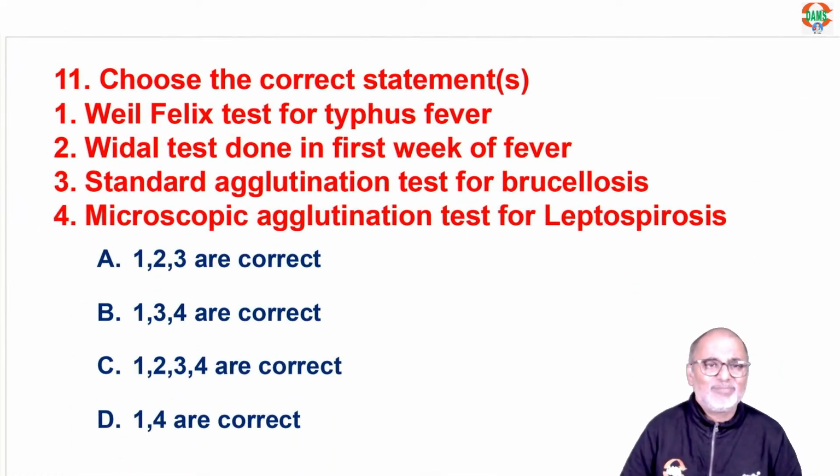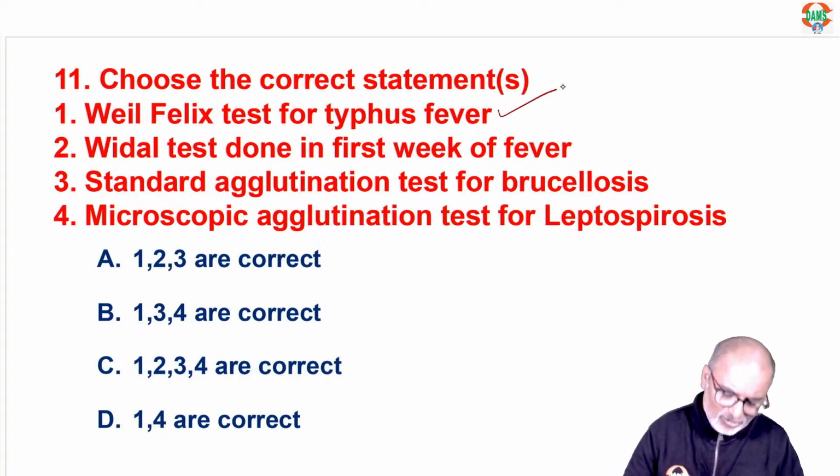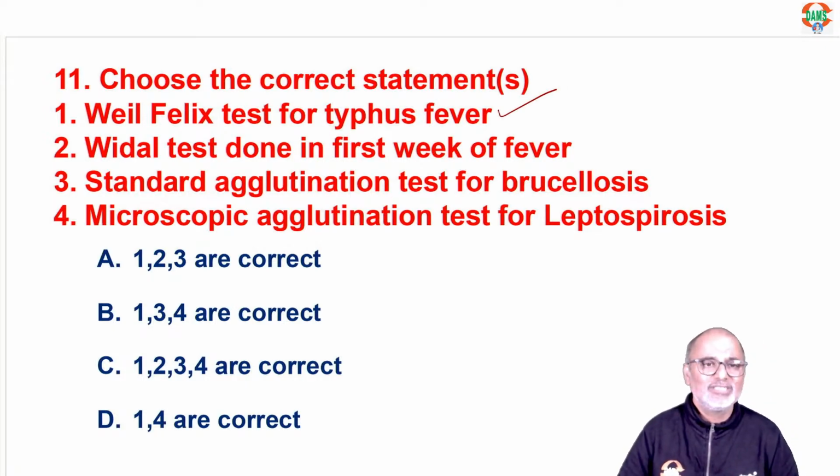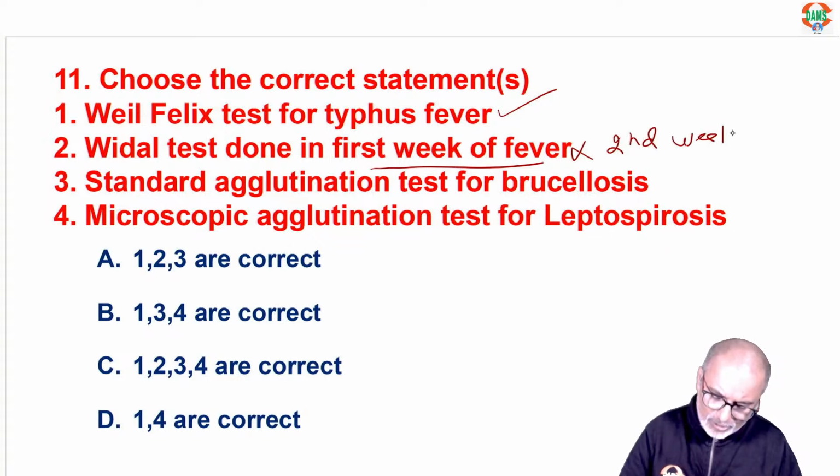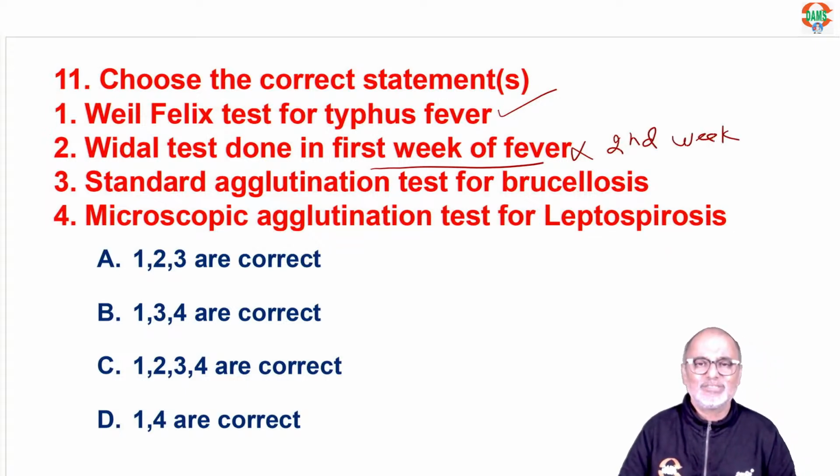Next is, choose the correct statement. Weil-Felix for typhus fever, yes. All rickettsial disease, Weil-Felix reaction. Vidal test done in the first week of fever? No, it is in the second week of fever. You know the famous mnemonic called BASO. Every teacher used to teach BASO. It has existed for more than 30 years.